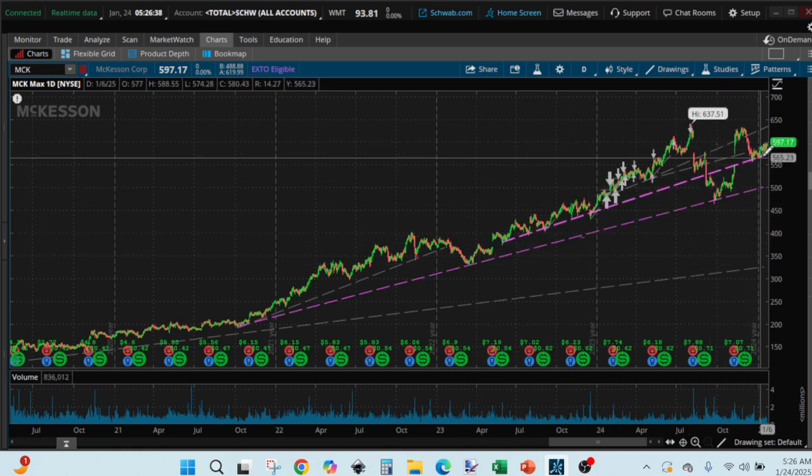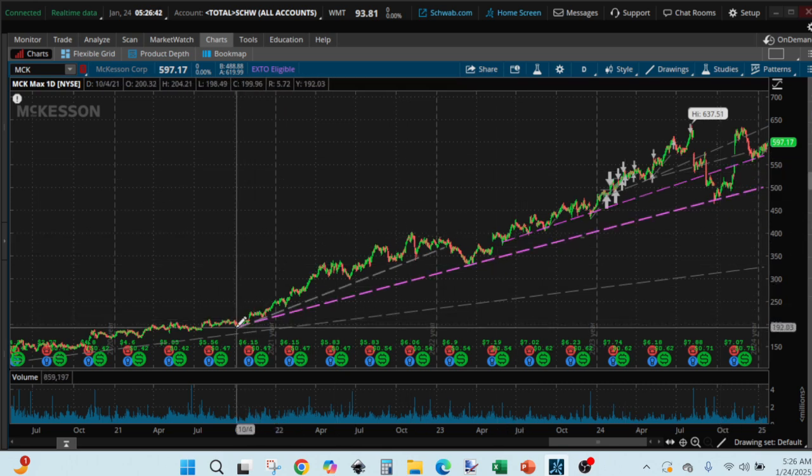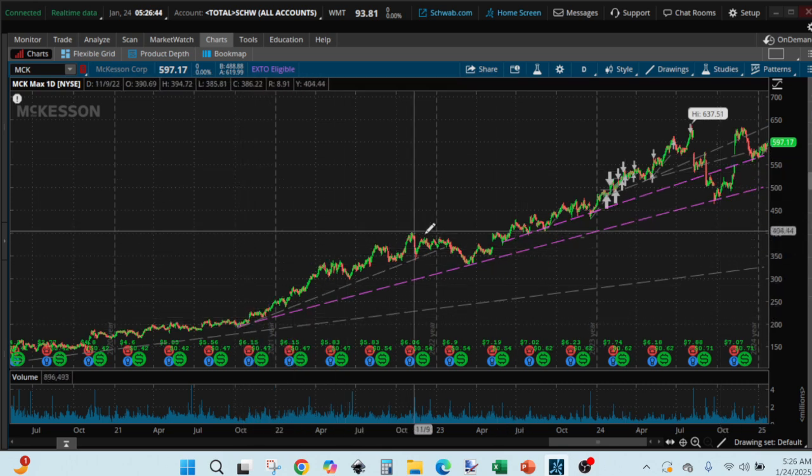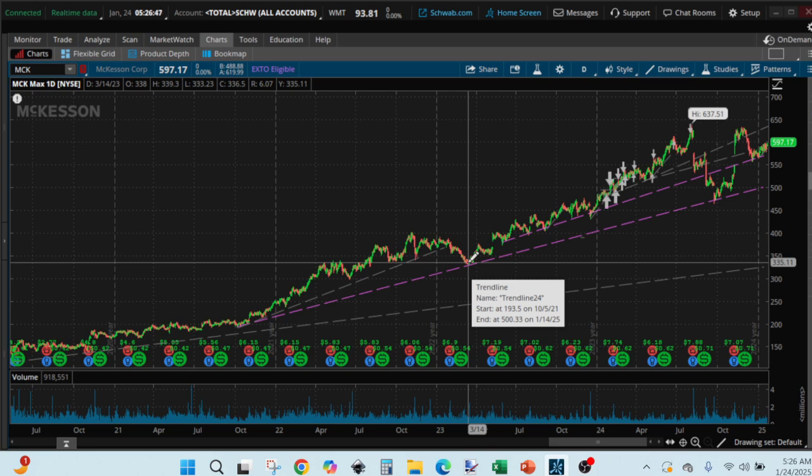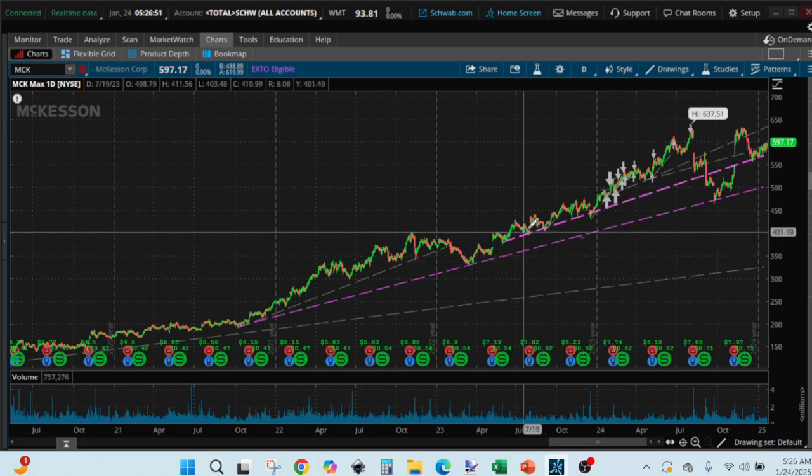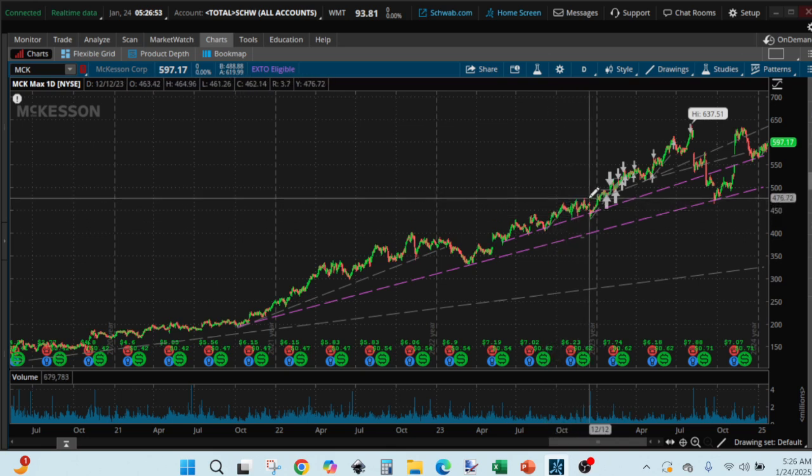So now that it's at this trend line, did you see how we did this analysis? Okay, it started this trend line, went up, fell back on it a year and a half later, and then did it again.